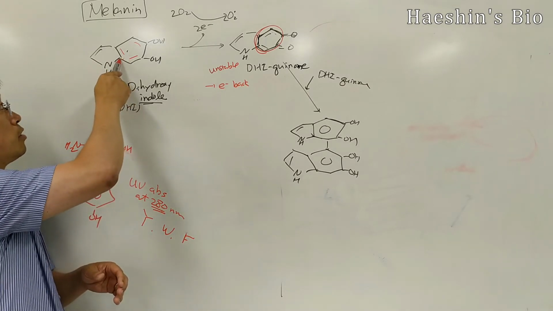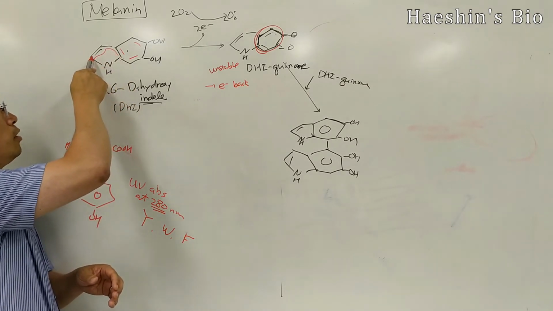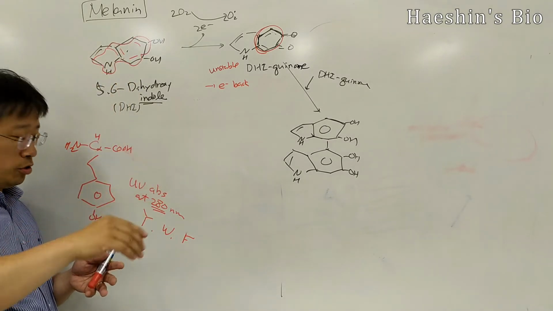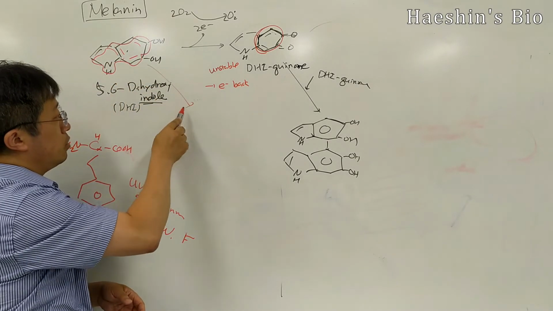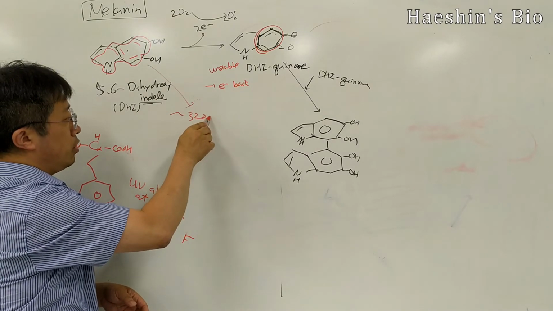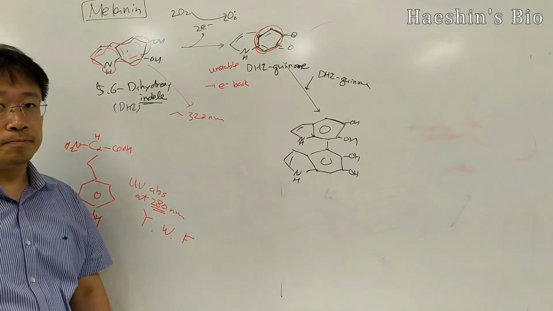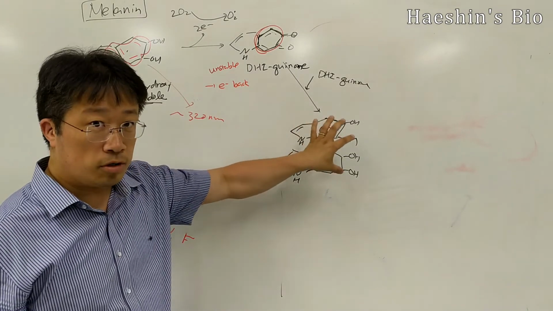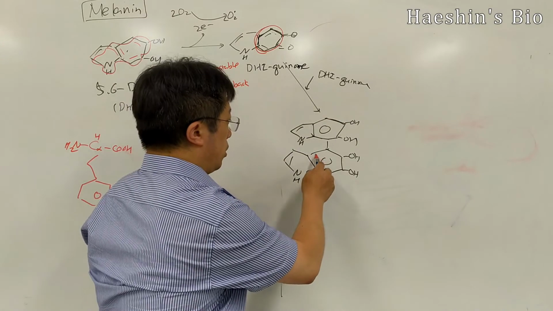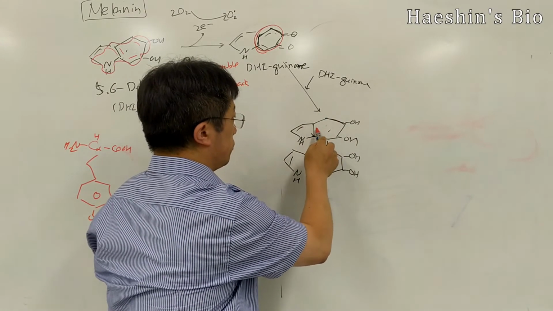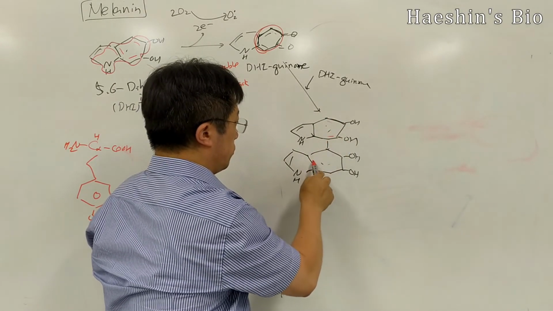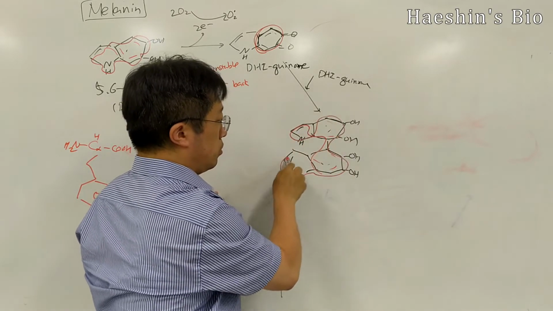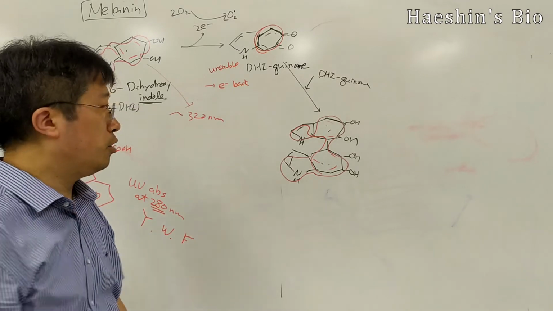If I draw it this way, the electrons are conjugated, so they can actually travel through this molecule. So they lose energy. That becomes about 320 nanometers. Now you have dimers out of it. Then electrons are traveling through all this molecule, losing more energy.